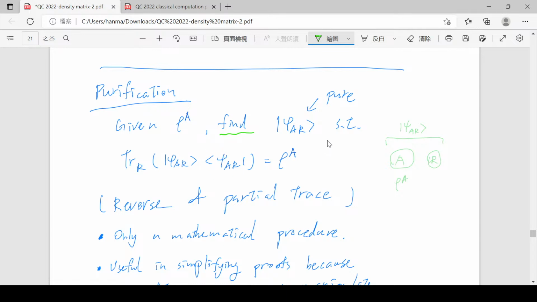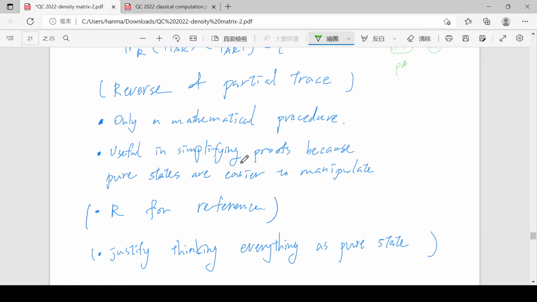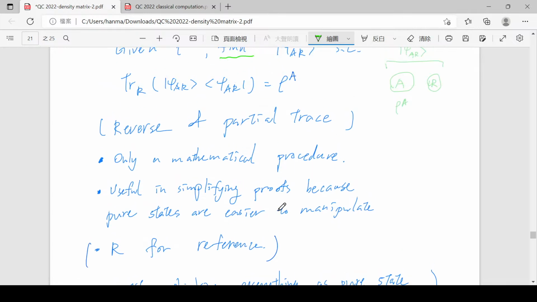But if you have a physical system that's in some rho_A, it's not quite possible to do another physical operation to make it into a pure state. So oftentimes this is just mathematical, but this is still a useful thing to learn, because this will simplify a lot of proofs.